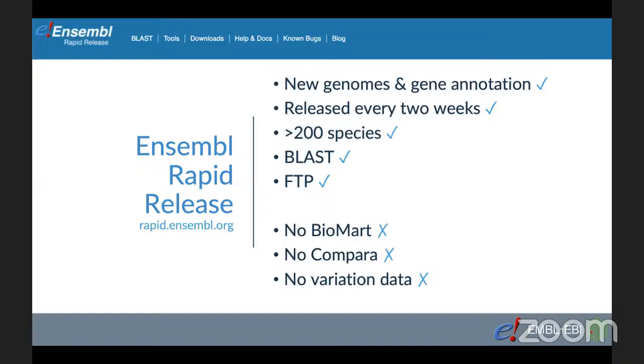It has less functionality, and there are no other data types like comparative genomic analysis or variation data. There is no BioMart, but you can find over 200 species there now. There's also BLAST and the FTP site. So it's a great way of quickly accessing new genomes and gene annotations.